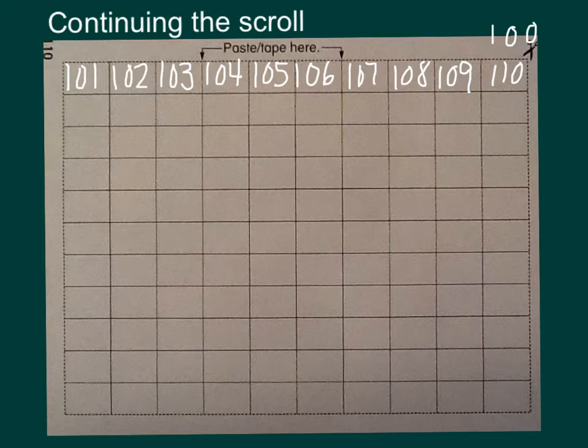So boys and girls, for the rest of math period today, we're going to work on completing this number grid in the 100s. If you finish this part of the scroll, we're going to get you another piece of scroll paper and let you move into the 200s.